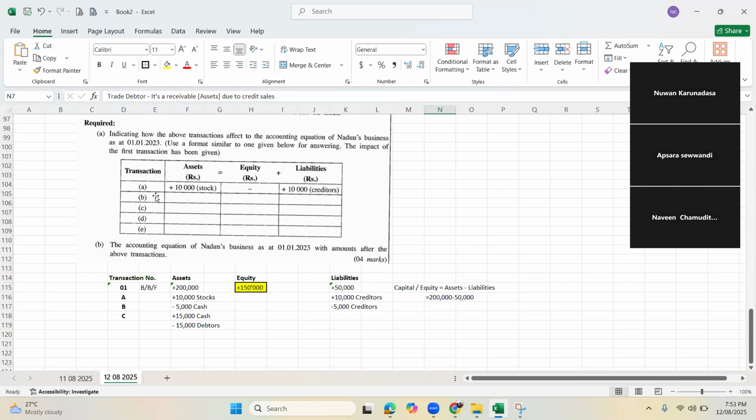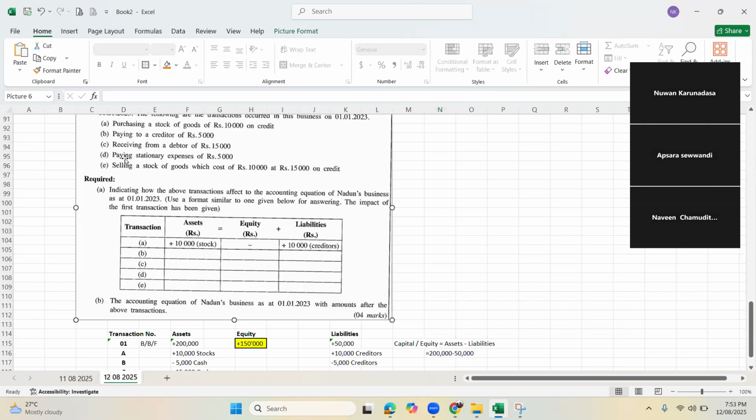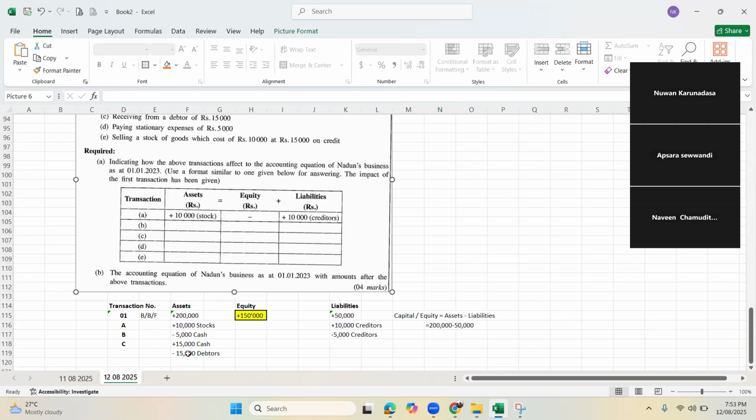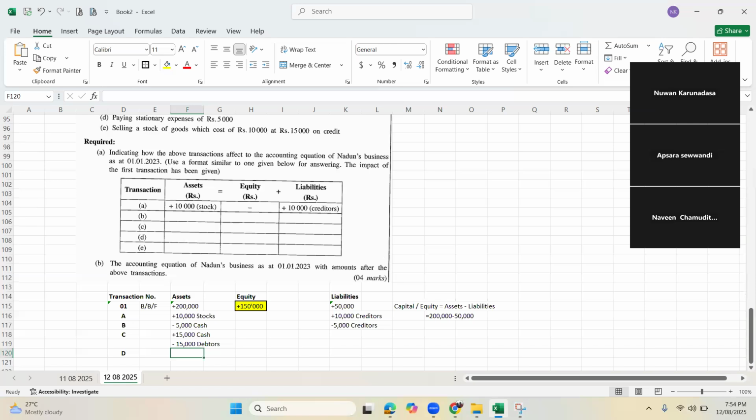We have done C. Think of D. Paying stationery expense 5,000. Paying means what's going out? Asset. What is that asset? 5,000 rupees, cash. Your payment cash will come down.